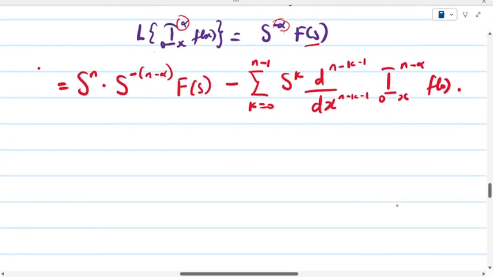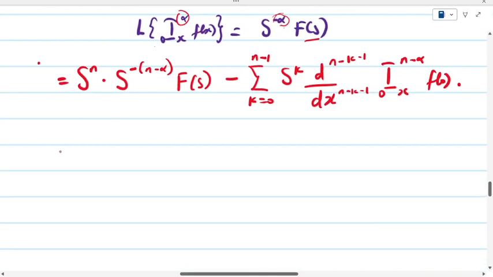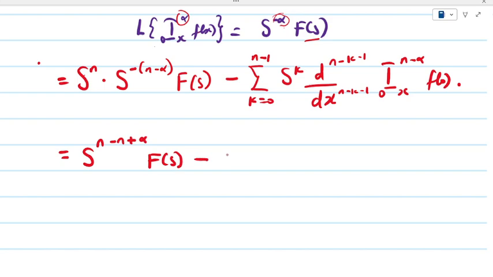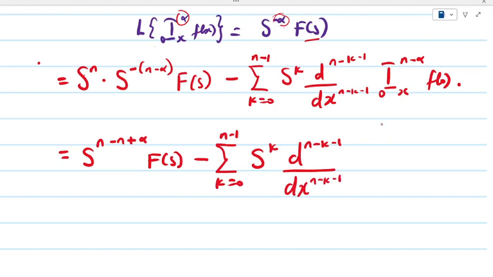Alright, with this right now, we multiply this with this, we have s^(n-n+alpha) times the Laplace transform of f of x, minus the summation k equals 0 to n minus 1 of s^k d^(n-k-1) over dx^(n-k-1).